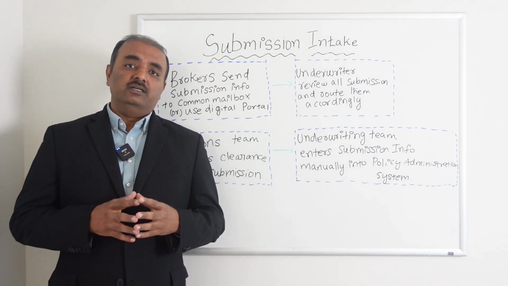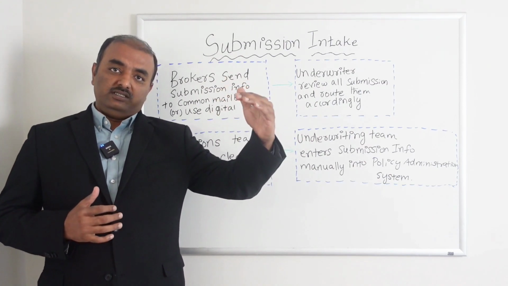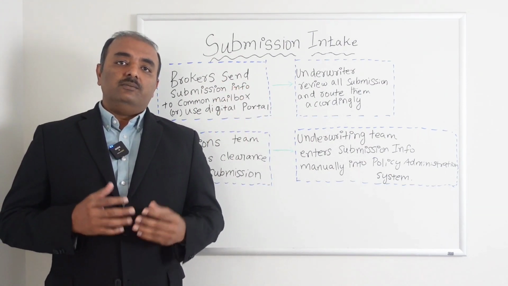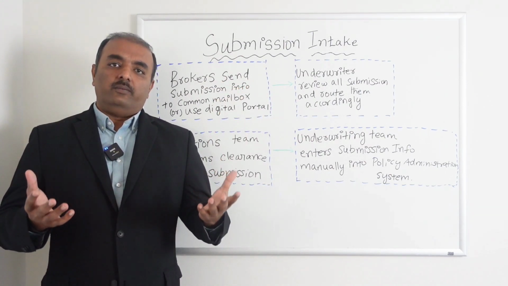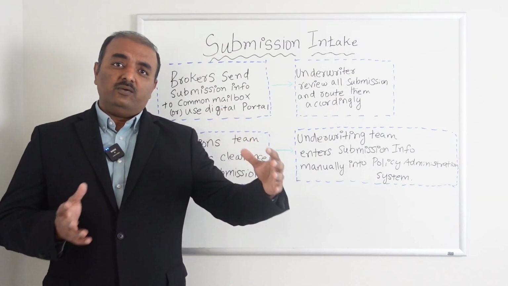When I say structured, most of you know we have ACORD forms, which are structured documents, and we also have some brokers sending the information in Excel format. As we know, Excel is not a correct structured format. They can have their own format.